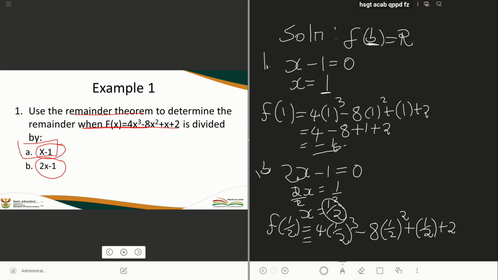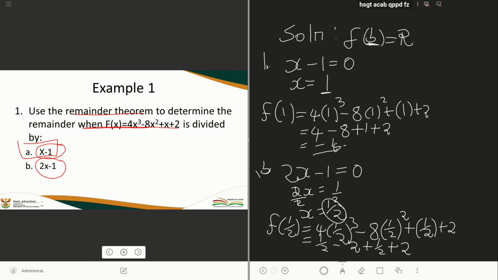Now, let's just simplify this. You can punch this in your calculator, or you can just calculate by inspection. 4 multiplied by 1 over 8 is going to be 1 over 2, minus 8 multiplied by 1 over 4, it's minus 2, plus half, plus 2.